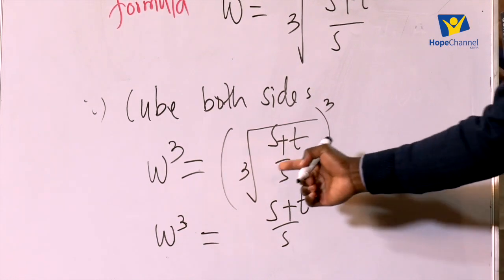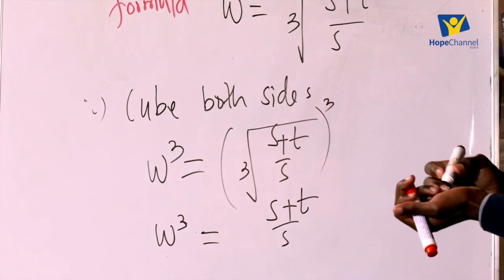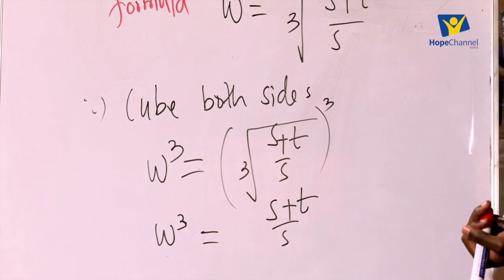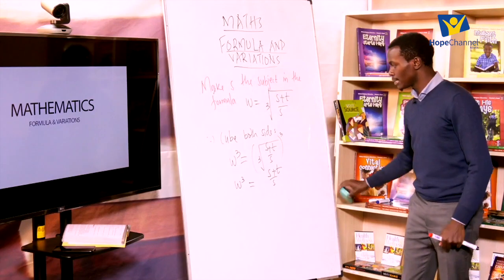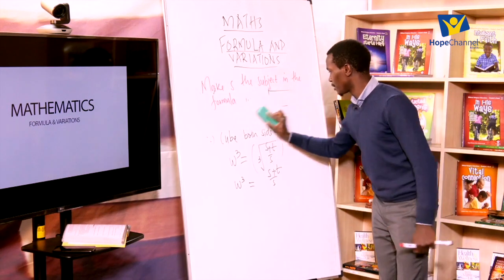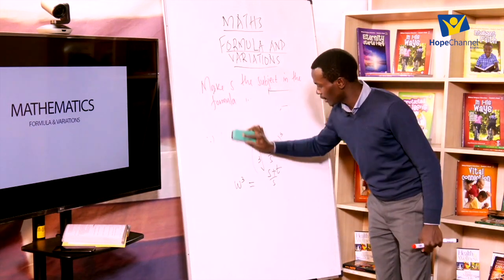So we have done away with the cube root sign. So by doing away with the cube root sign, we can now express s in terms of the rest, or rather make s the subject. I think now we can clean this first part here because we don't need it again.